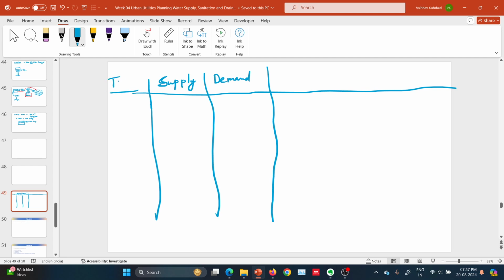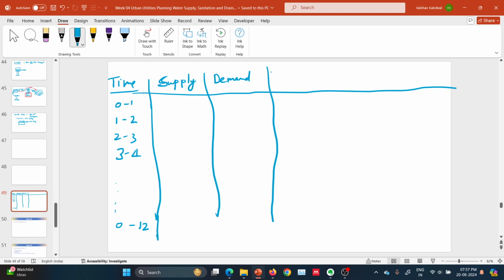Like this is the time, 0 to 1, 1 to 2, 2 to 3, 3 to 4, likewise it will go till 12 night.